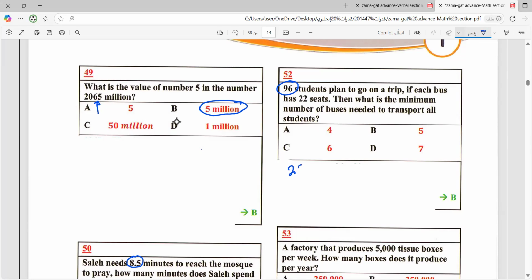The first bus takes 22, the second bus 22, until you arrive at 96. 4 buses give 88, so we need one more. So we get 5 buses.